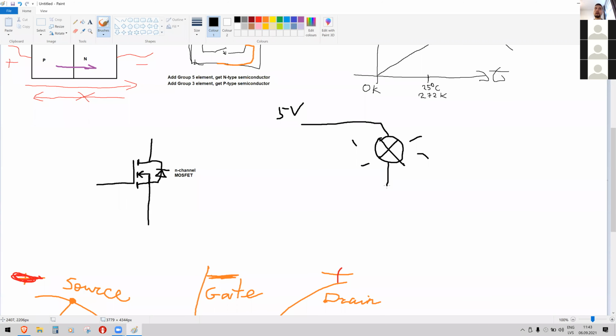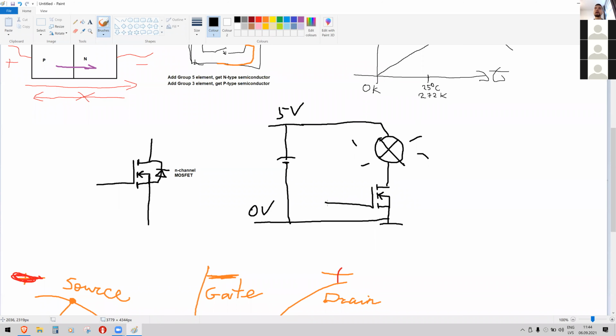To do it with an N-channel MOSFET, I put it in the bottom part between the light bulb and the ground. The MOSFET is like this, P substrate, N channel, so the arrow goes like this. And here is 0 volts, right? So 5 volts, I don't know, maybe it's a battery or something like that.